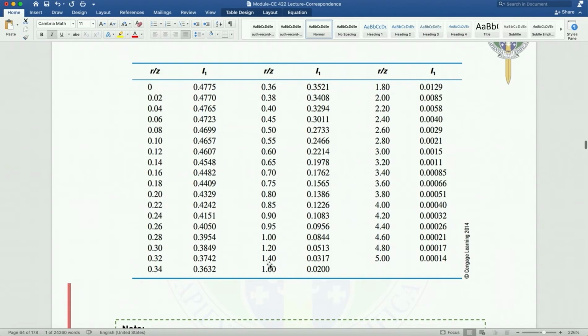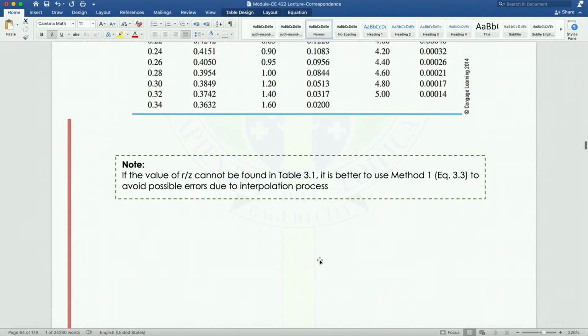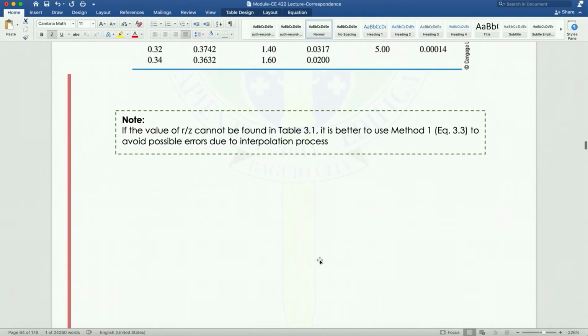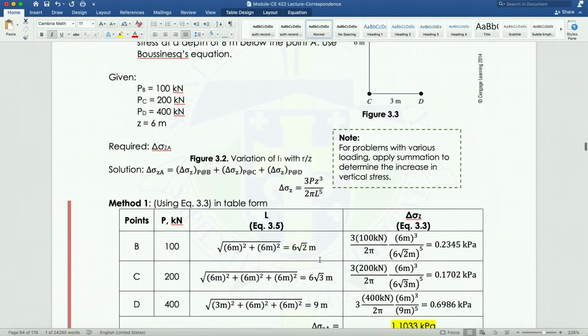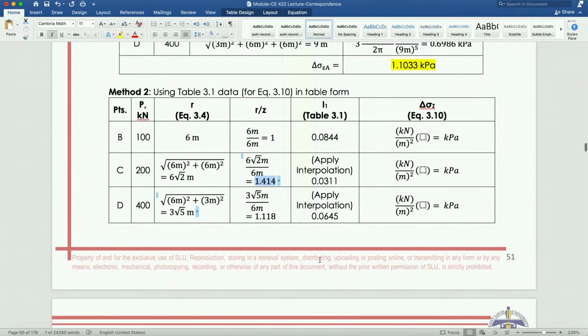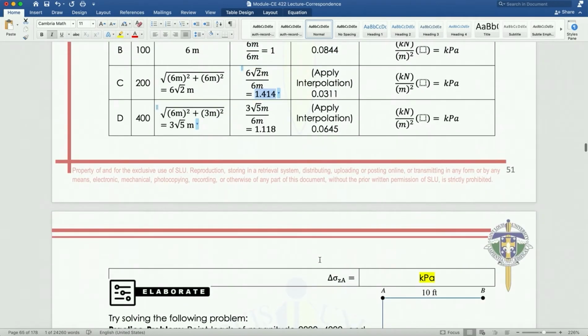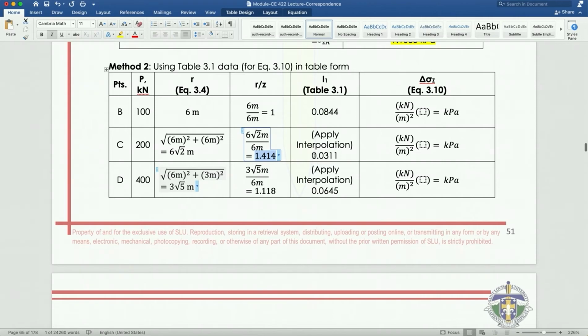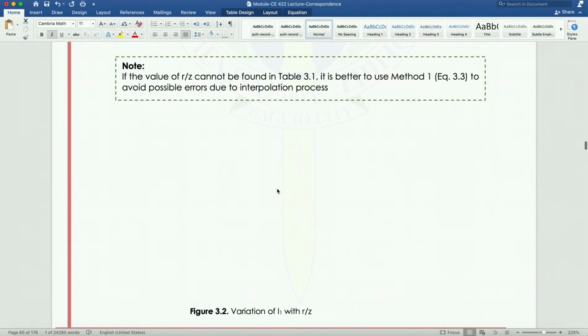No, we do not have the 1.414. But 1.414 is between 1.4 and 1.6. So we have an interpolation between these values. And upon interpolation, the value would be 0.3011.